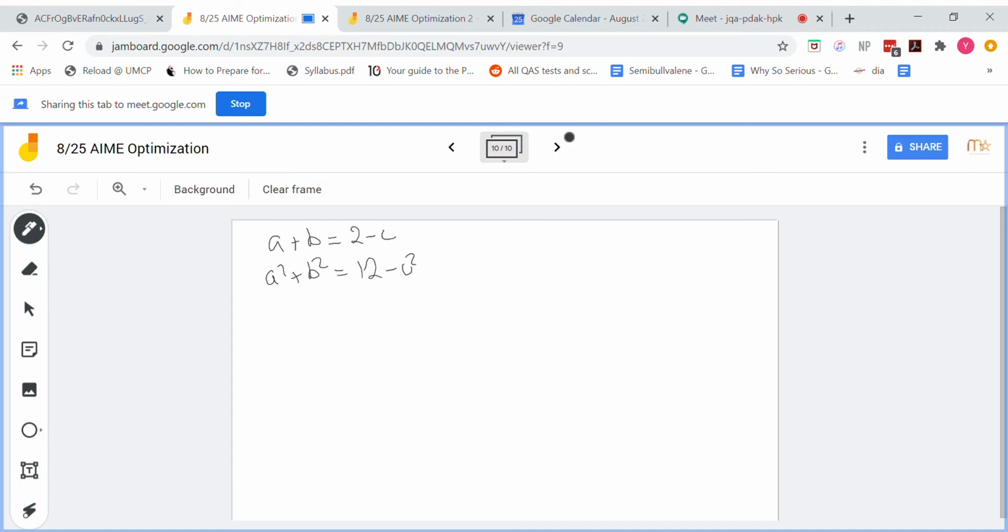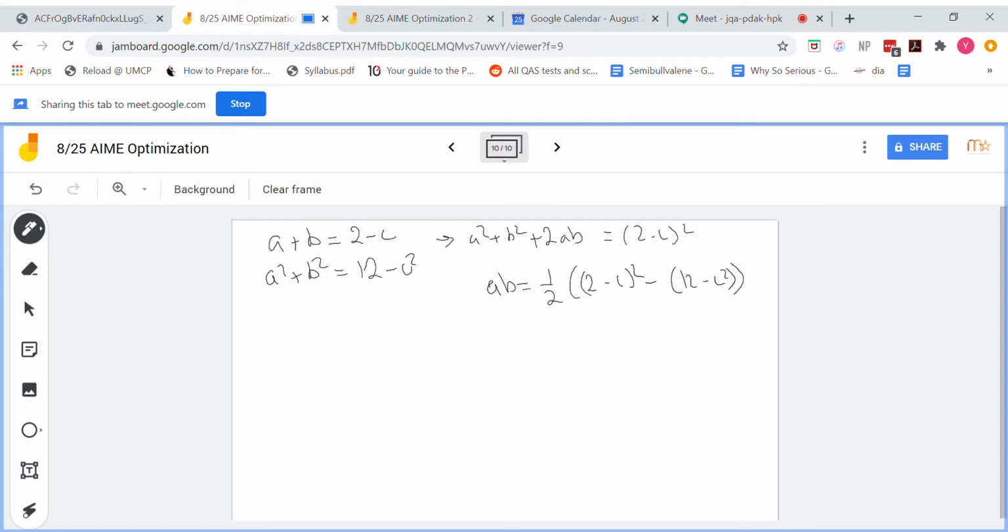If we square this, we get a squared plus b squared plus 2ab equals (2 minus c) squared. And so this gives us ab equals half of ((2 minus c) squared minus (12 minus c squared)).